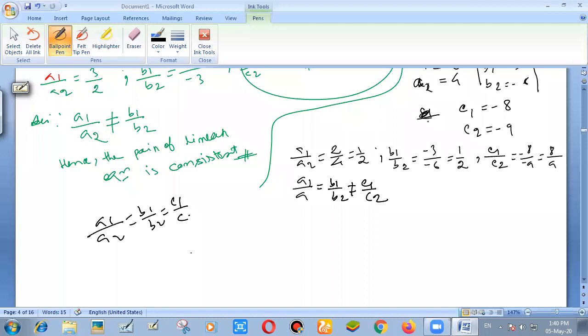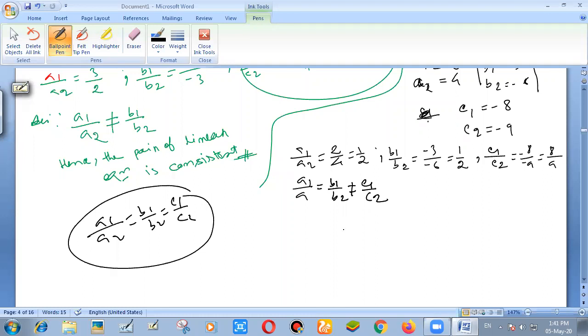They have a solution, we don't know how many, but they have solution, so they are called a consistent pair of linear equations, whether it is one solution or infinitely many. But if it does not have any solution, it is an inconsistent pair of linear equations. Hence the pair of linear equations is inconsistent.